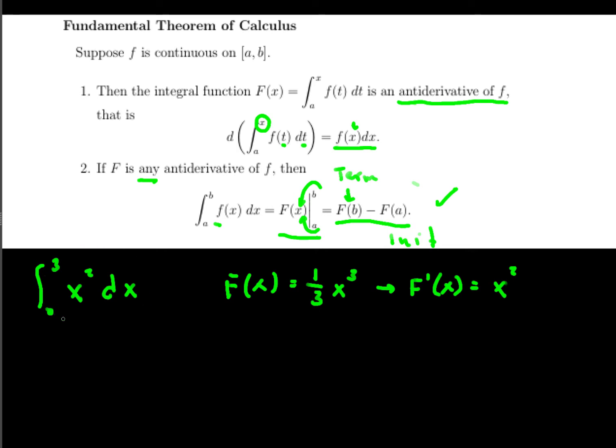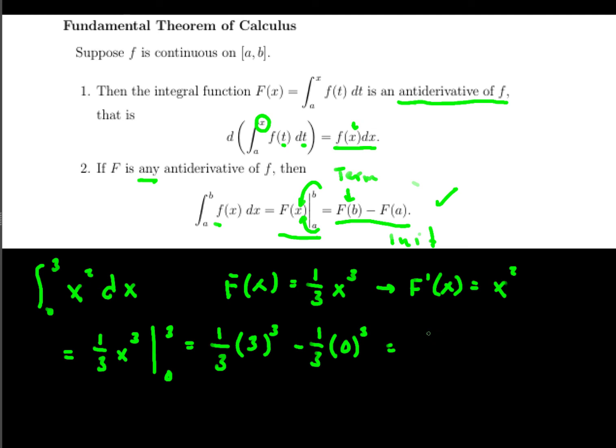And so this integral is simply equal to 1/3 x cubed evaluated between 0 and 3, which is equal to 1/3 times 3 cubed minus 1/3 times 0 cubed, which is equal to 9.